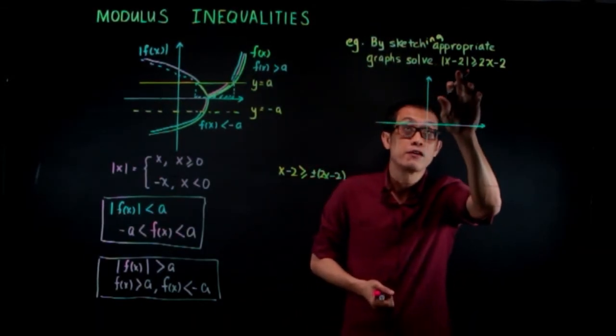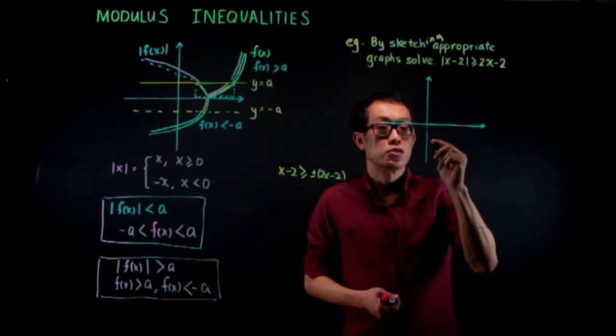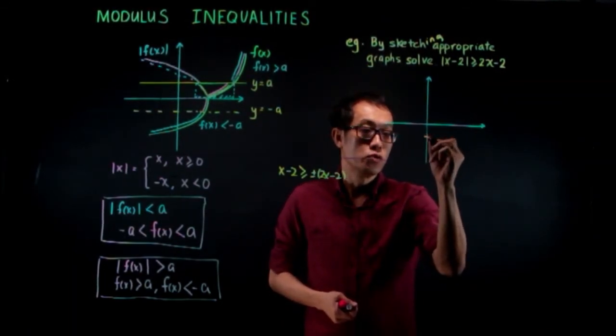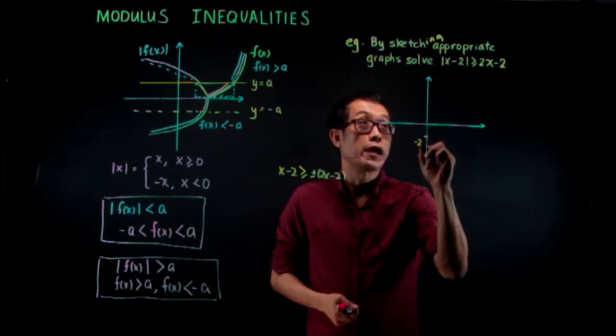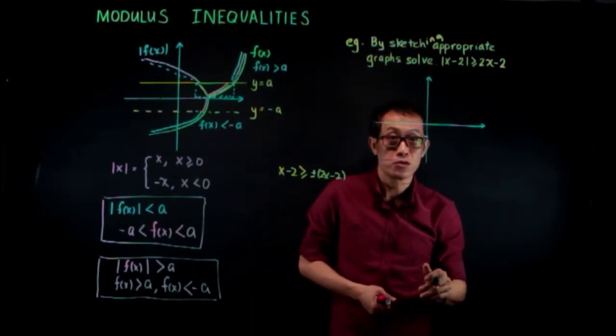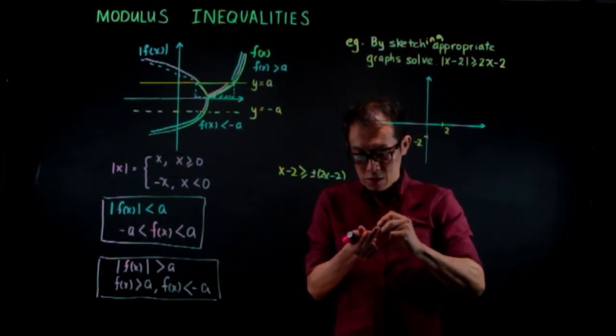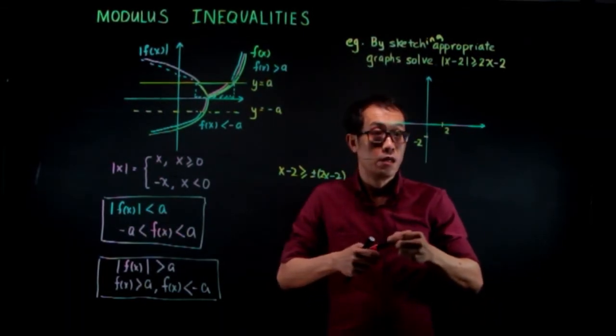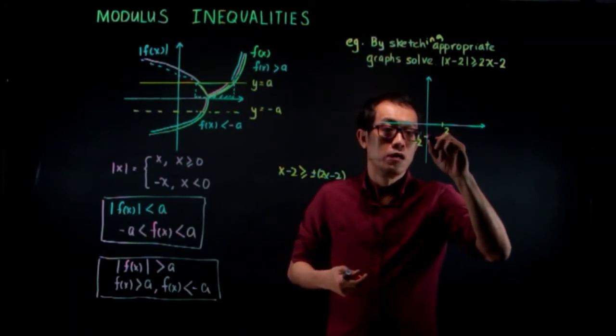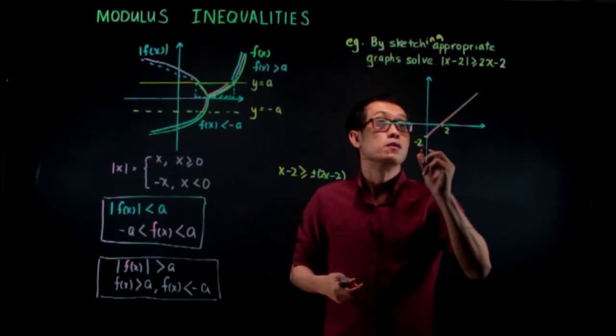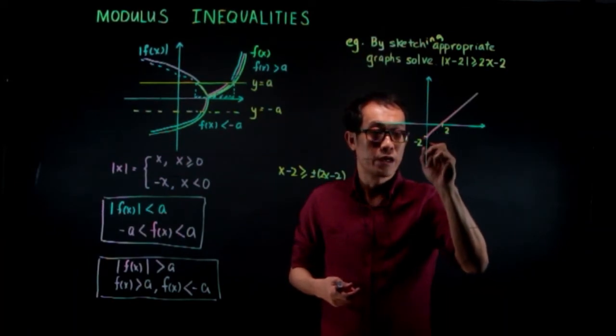All right, let's sketch this graph x minus 2 first. So it cuts the y-axis at minus 2, the y-intercept is minus 2, and it has a gradient of 1. So this part must be 2. So this is your graph.